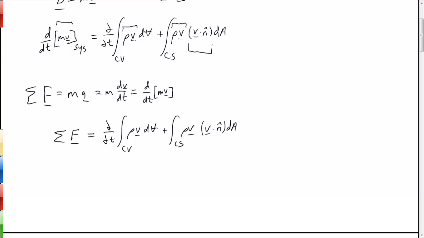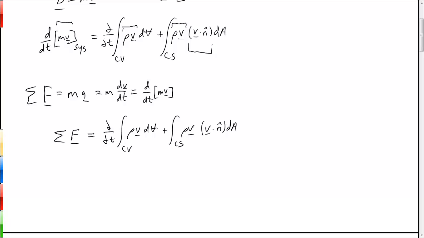Now, when we derived the Reynolds transport theorem, if you remember, we started off with the system being coincident with the control volume, and then we developed the formula from that point. What this means is that for the consideration of the Reynolds transport theorem, the forces on the system can be translated to the forces on the control volume.